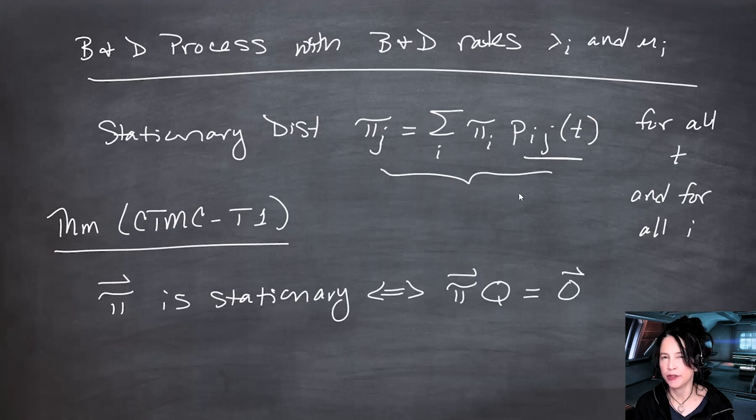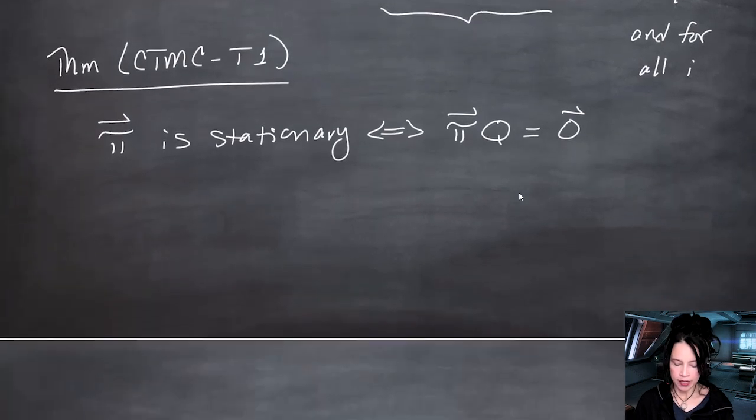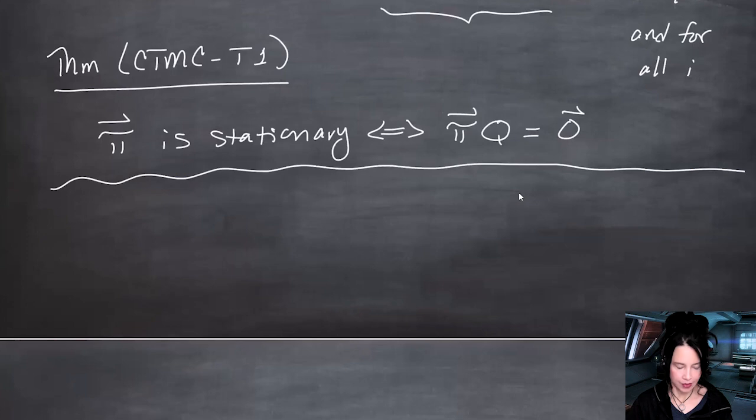The generator matrix is filled with things like lambdas and mu's and maybe 2 lambdas and 3 lambdas. So this is something you could solve to find pi. But in the interest of time, I'm just going to state a fact.